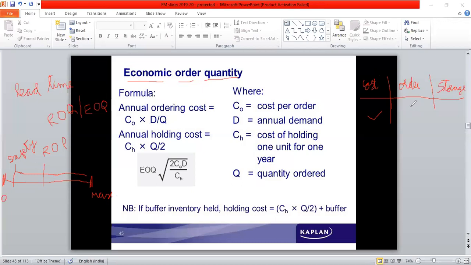If the number of orders placed is low, the storage cost, which is also called holding cost or carrying cost, will be high. These are other terms which are used. So if the ordering cost is low, storage cost will be high.